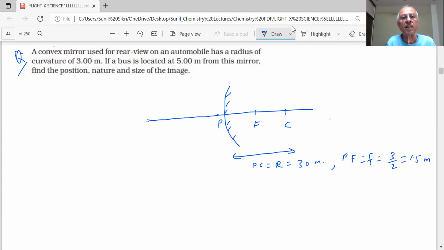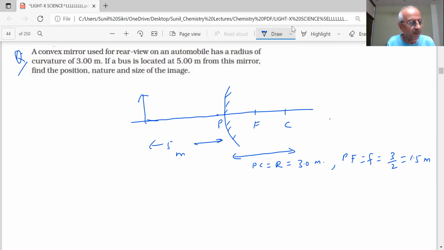Now, what is he saying? If a bus is located at 5 meters from the mirror, this is 3 meter, this is 1.5. So if a bus is located somewhere here, 5 meters. Object is always placed in front of the mirror, that we know.